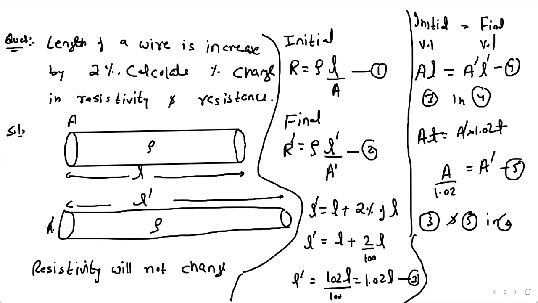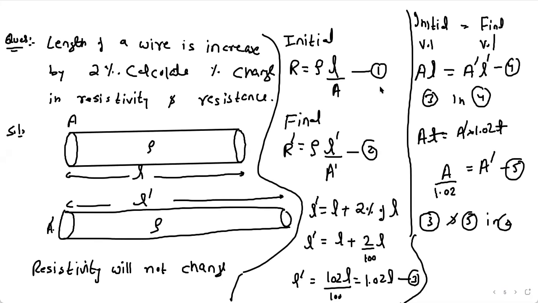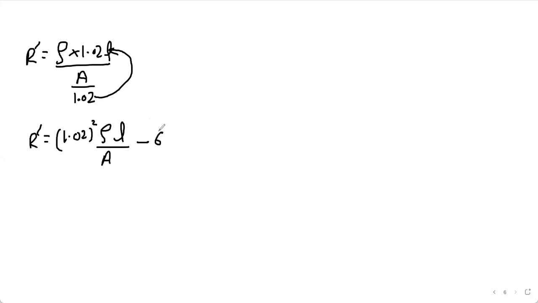How much is L prime, Noor? 1.02 L. So instead of L prime, I'm writing 1.02 L. Ahmed, how much is A prime? A by 1.02. This 1.02 will come to the numerator. Now I will get R prime is 1.02 square rho L by A. So that's R prime. That's equation number 5, and I take this as equation number 6.